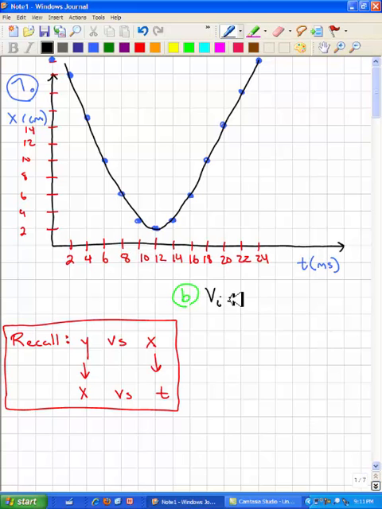Don't overcomplicate it, just think about it. So, we should remember that velocity equals change in position over change in time. Okay, this should scream at you: slope.